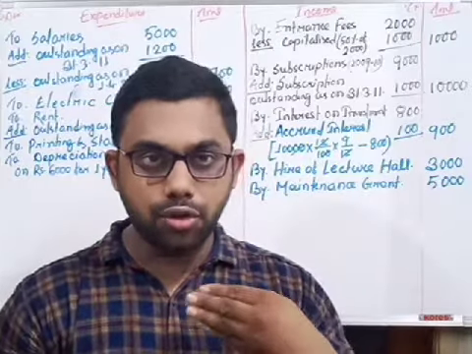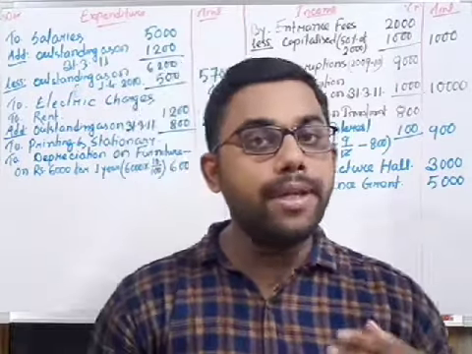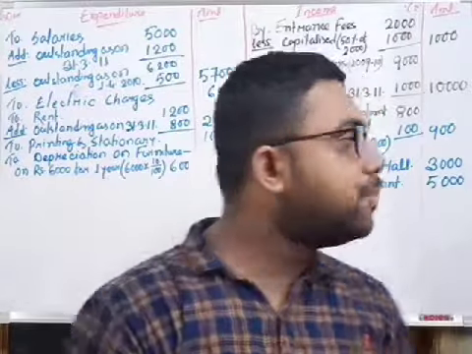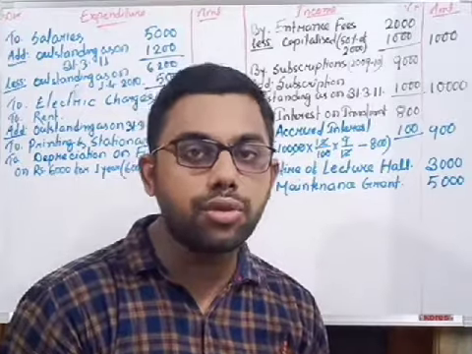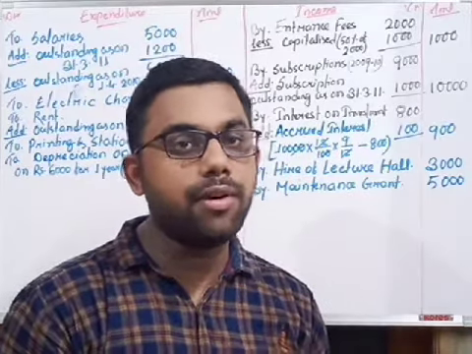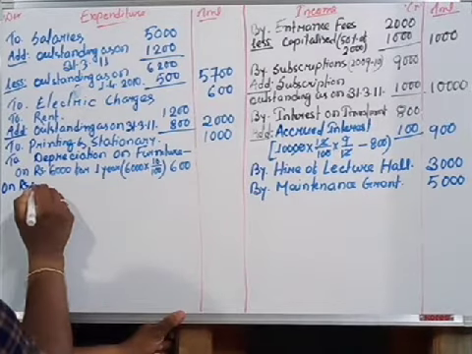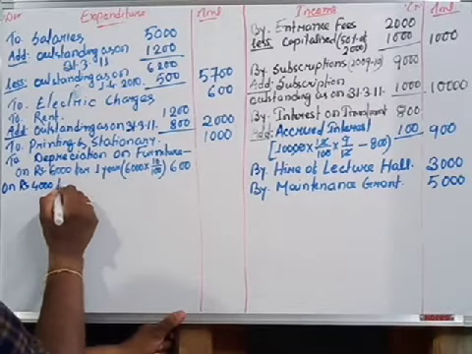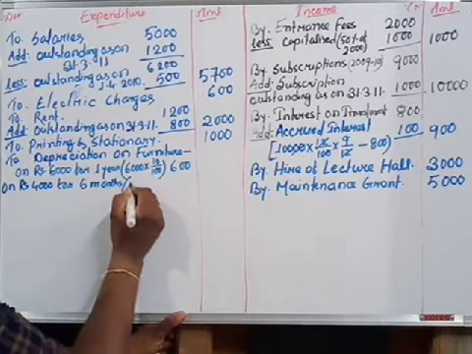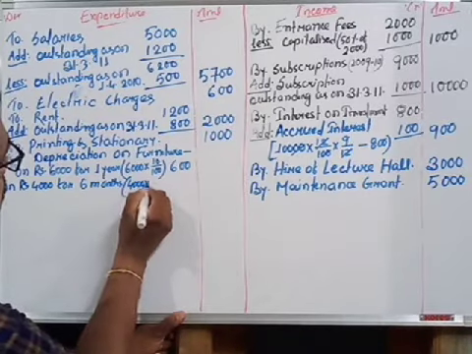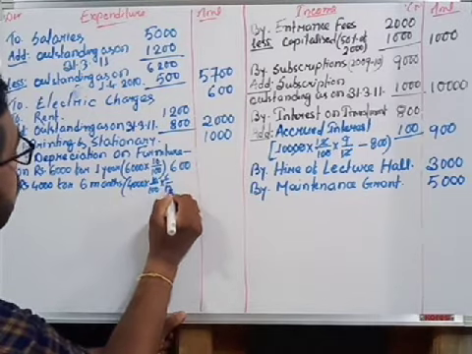year, because the rupees 6,000 value of furniture will be used for the whole year, and rupees 4,000 was purchased in the middle of the year, that is on 1st October 2010. So we have to charge depreciation for 6 months. So then we write on rupees 4,000 for 6 months. 4,000 into 10 by 100 into 6 by 12.